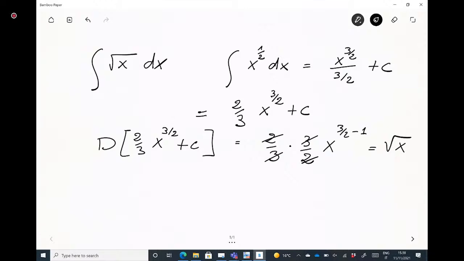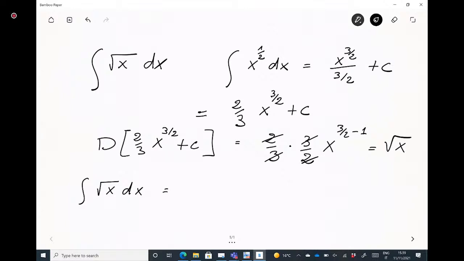On another note, suppose that we don't remember. We know that there is some constant that comes into play here, but we don't remember that we have to divide by the exponent increased by 1. I could do something like this. I remember that the exponent here must be 3/2, and there is also some constant that comes into play.